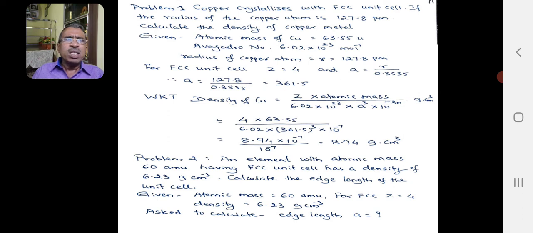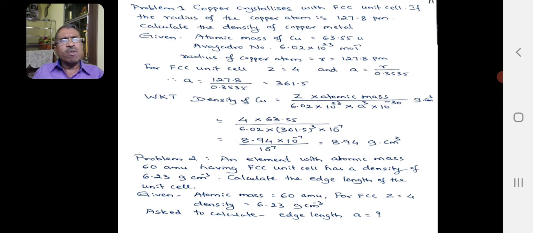This becomes 361.5. We know that the density of copper is equal to Z into atomic mass divided by 6.02 into 10 raised to 23 into a cube into 10 raised to minus 30.